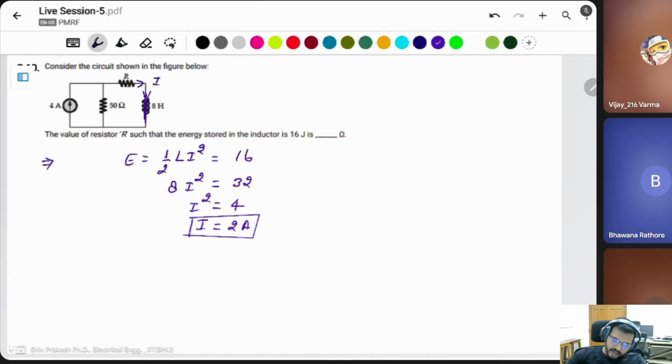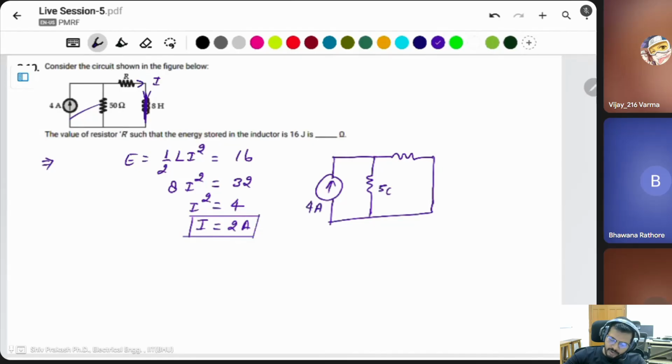Okay. Then this circuit looks like that after the inductor is short circuited. Four ampere. This is a 15 ohm. This is R. This current is known as I. Then you can apply the current divider rule.